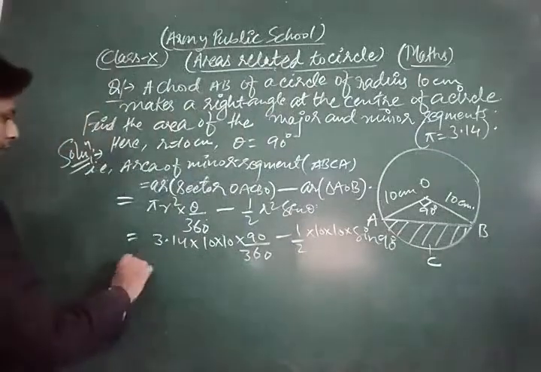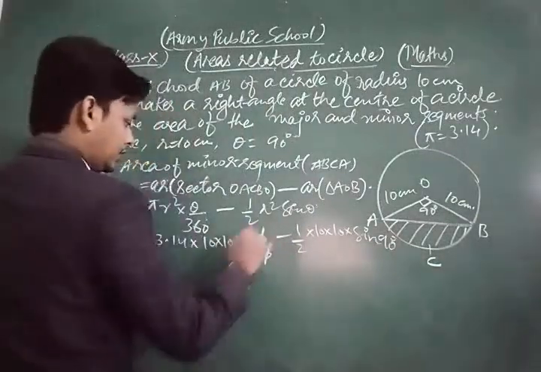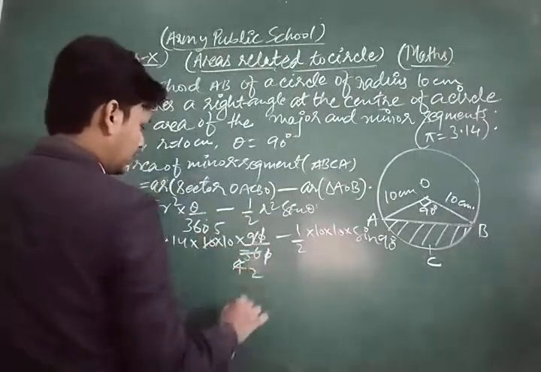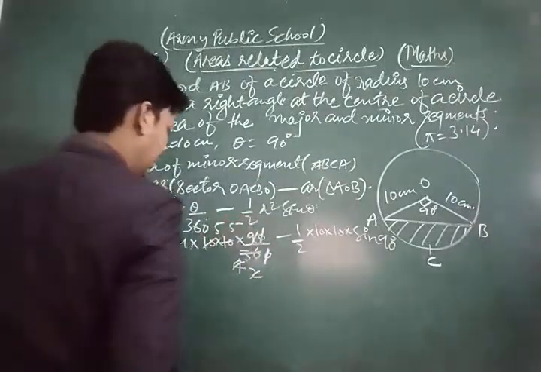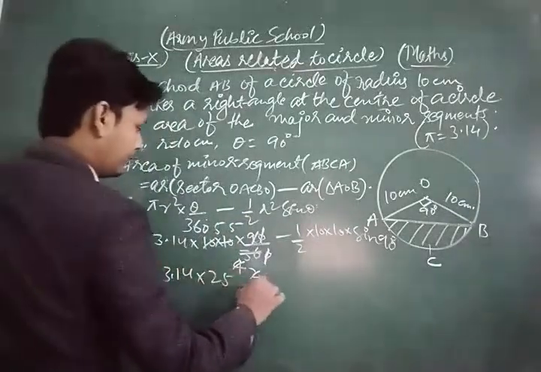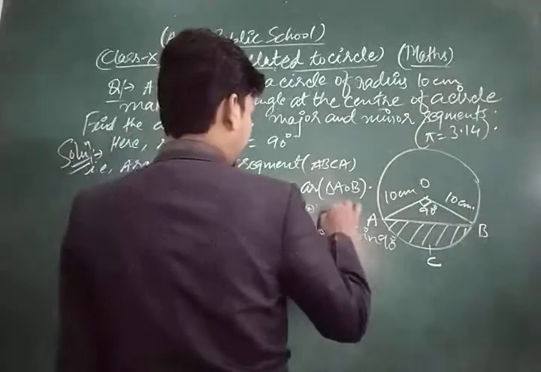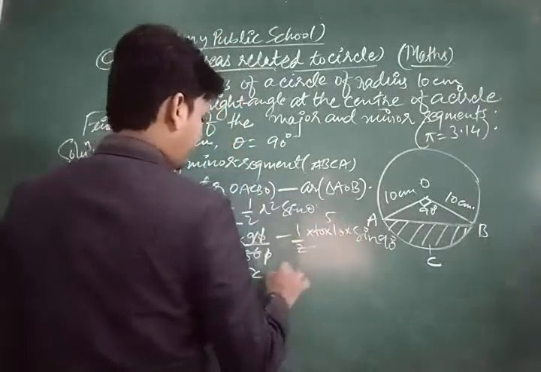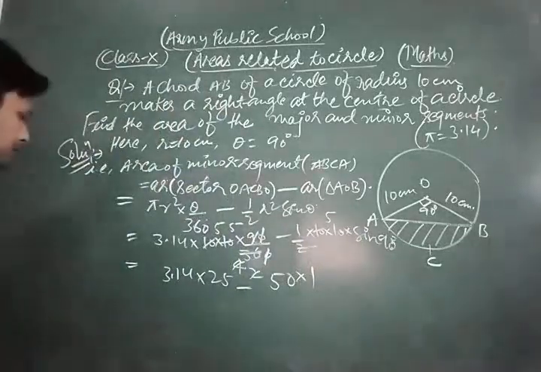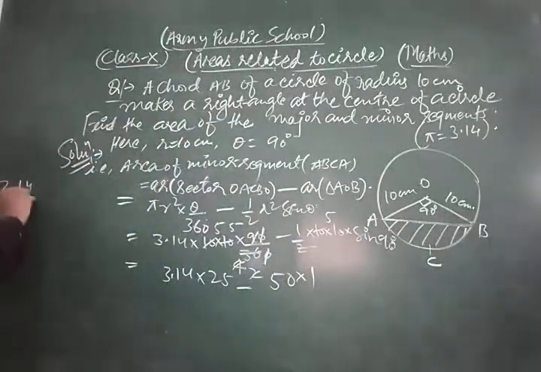Now look here, the zeros cancel each other. 2 fives are 10, 2 fives are 10. So 3.14 into 25, minus 5 fives are 25, 10 into 5 is 50, into sin 90, which is 1. The value of sin 90 is 1. Now we multiply this. So this is 3.14 into 25.